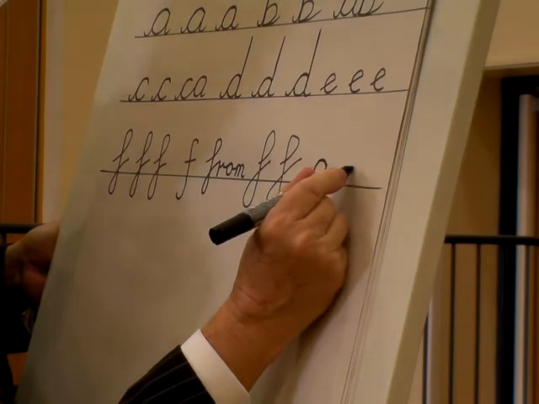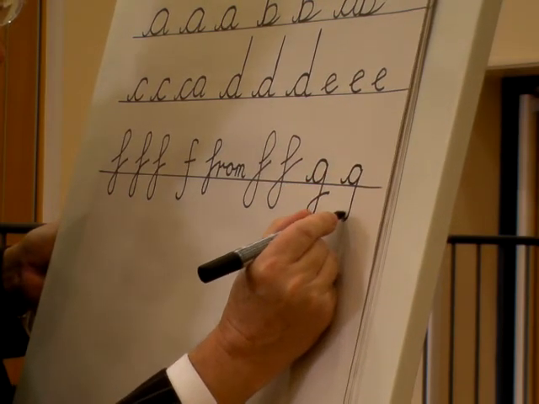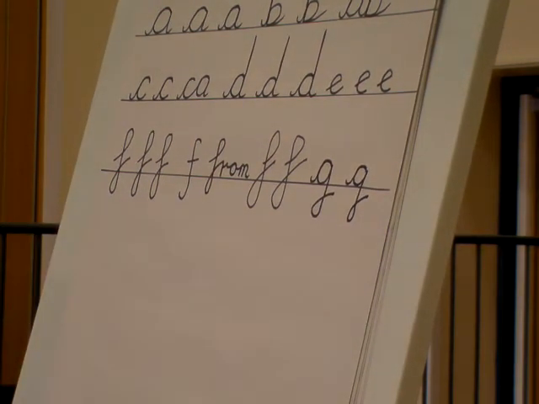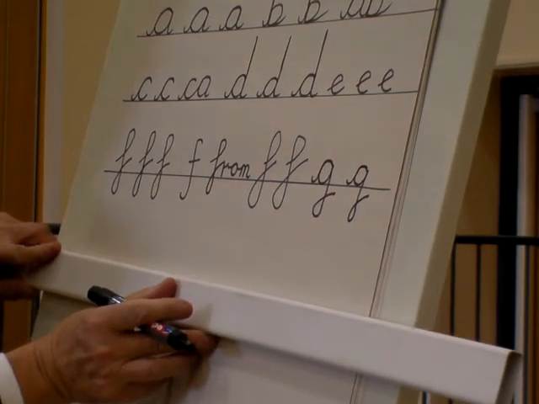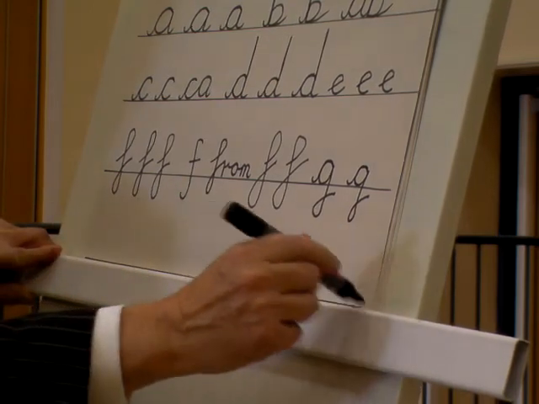We always put a little tail on all these letters that go below the line. The posh name for those letters is descenders, because they descend below the line. You don't need to know that, but what you do need to know is that we always put a little flick on them. Okay, have as many goes as you need.